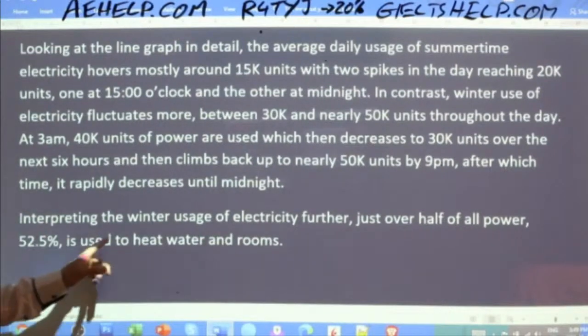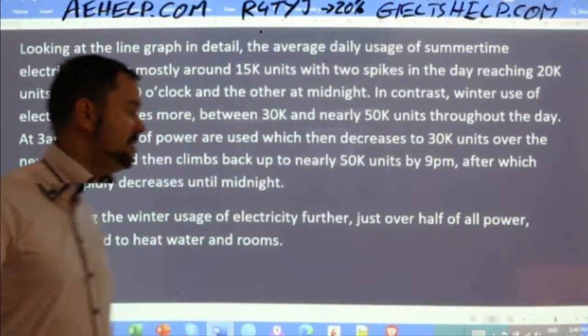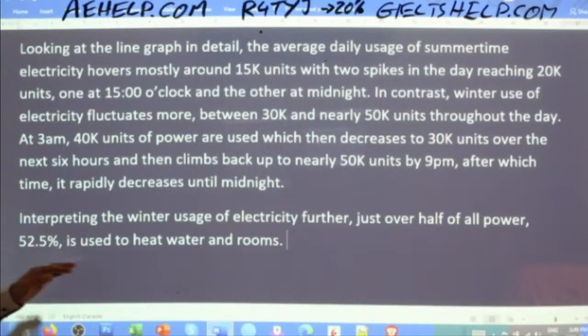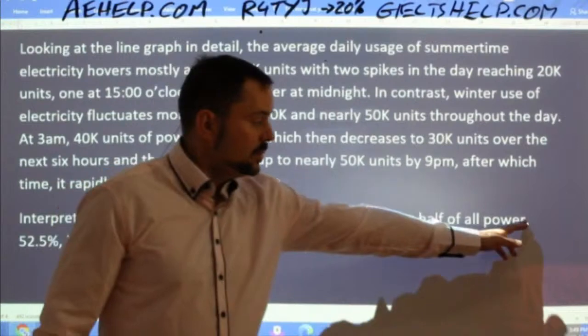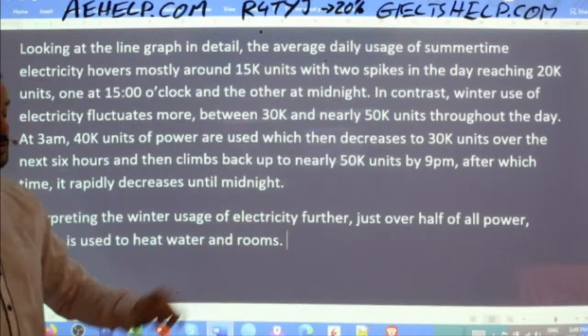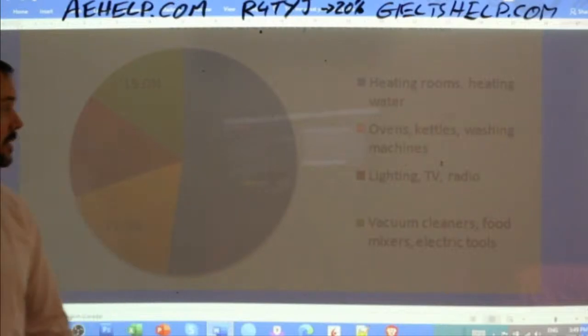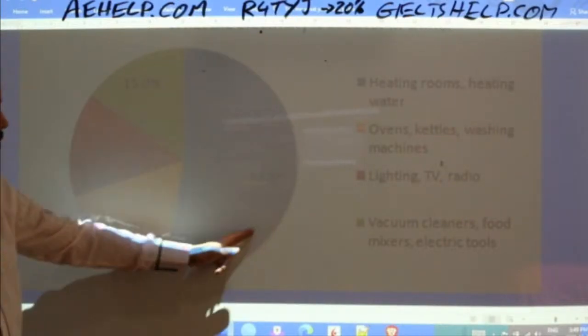Okay, interpreting the winter usage of electricity further. Just over half of all power, descriptive clause, comma, 52.5% is used to heat water and rooms. Okay, that's this pie chart here. And I'm talking about this big blue element here.